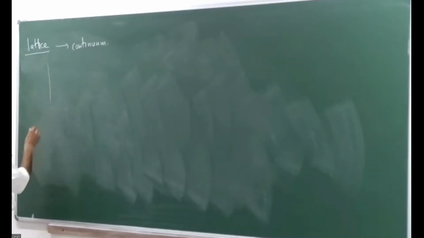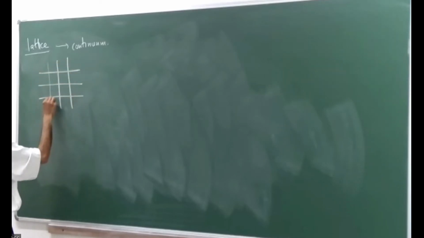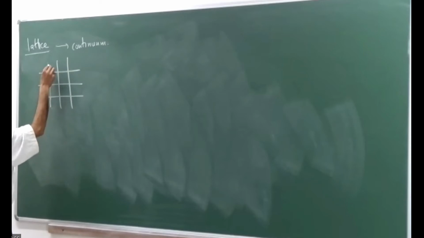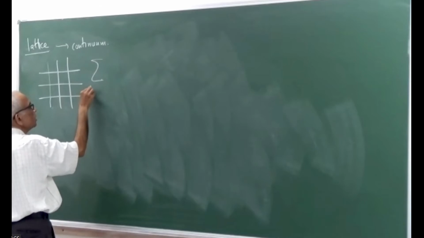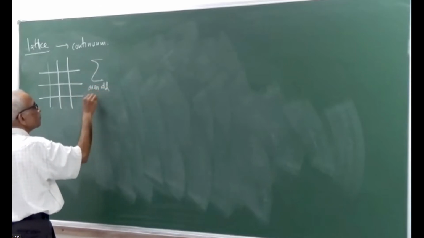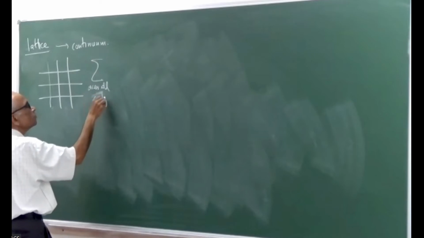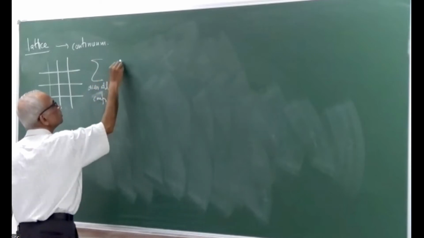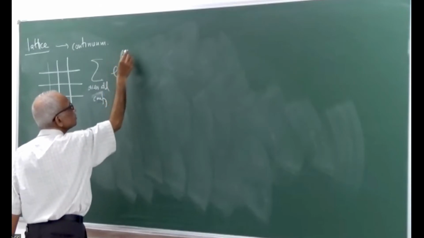I have been talking about spins living on discrete sites, which I could deal with, and I could write things as a summation over all configurations, with some e to the power of minus beta times an interaction energy.